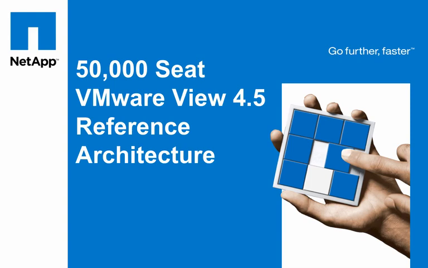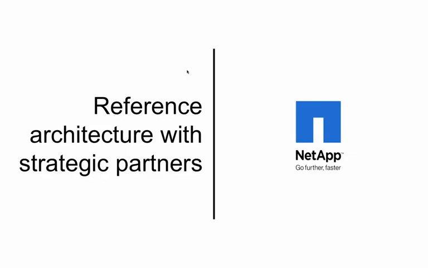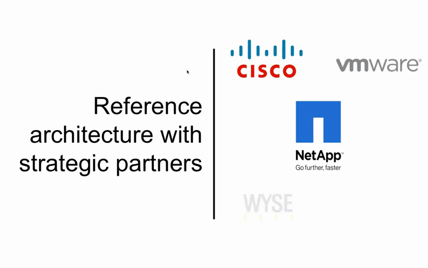Hello. Today I would like to discuss the 50,000-seat VMware View reference architecture project. With this reference architecture, 5 partners, NetApp, Cisco, VMware, Wise, and Fujitsu work together to create a large-scale desktop virtualization reference architecture environment.